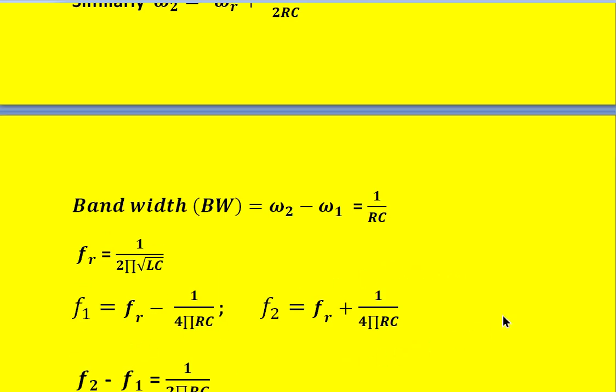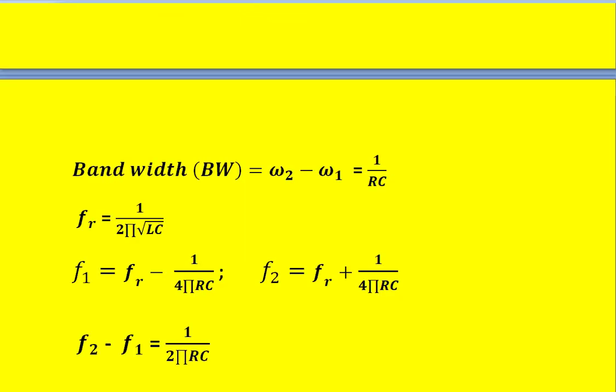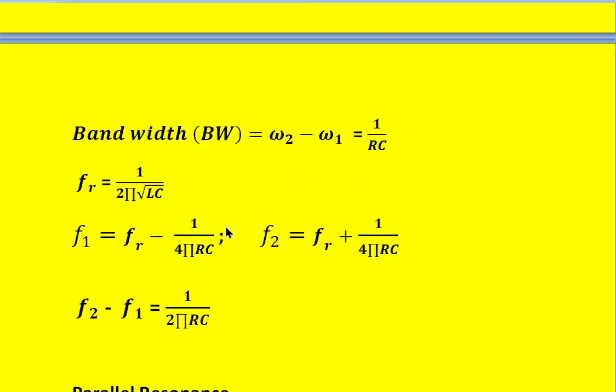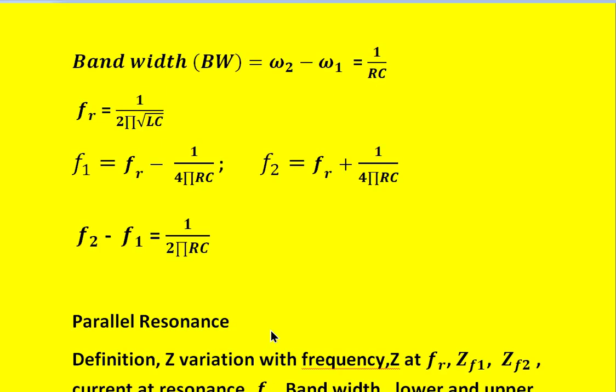Substituting this value in the lower and higher cutoff frequencies, F1 will become F1 is equal to FR minus 1 by 4 pi RC, and F2 becomes F2 is equal to FR plus 1 by 4 pi RC. So again, bandwidth can be written as F2 minus F1 is equal to 1 by 2 pi RC.